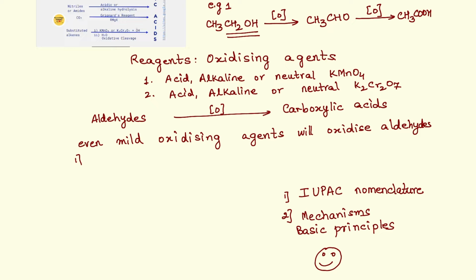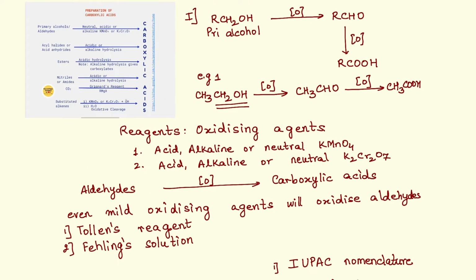And what are those mild oxidizing agents? Yes, Tollens reagent and Fehling solution. We have dealt with Tollens reagent and Fehling solution in our previous videos, wherein we dealt with aldehydes and ketones in a lot of detail. Please refer to it to clear any of the doubts that may be cropping up.